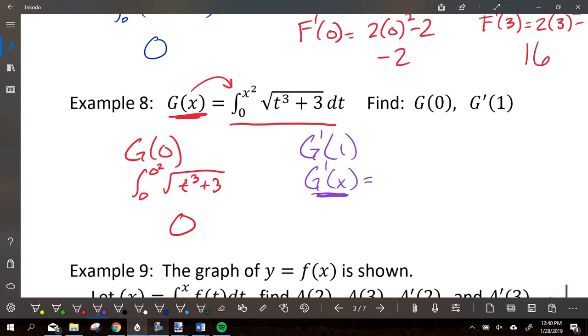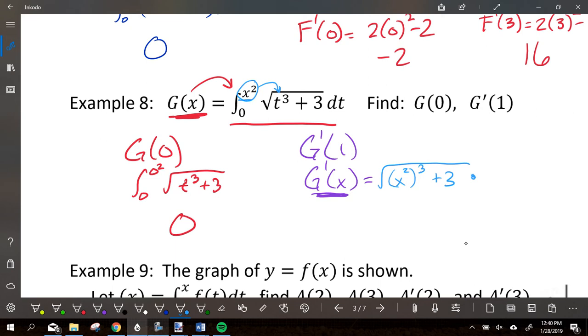What is the derivative of this integral? Okay, I'm taking the derivative of an integral. Is x in my upper bound? Yeah, it is. But the problem is it's x squared. So we're taking this x squared, we're plugging that guy in, and so my problem is going to look like this: the square root of x squared cubed plus 3. What else do I need to do with this answer then? Or with that function?